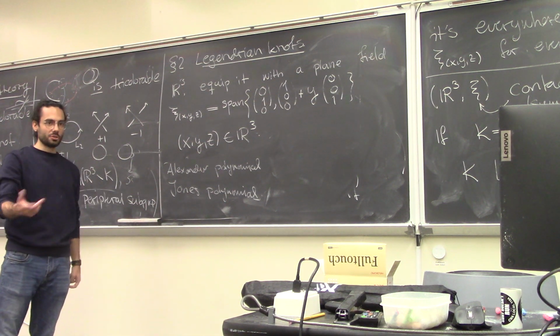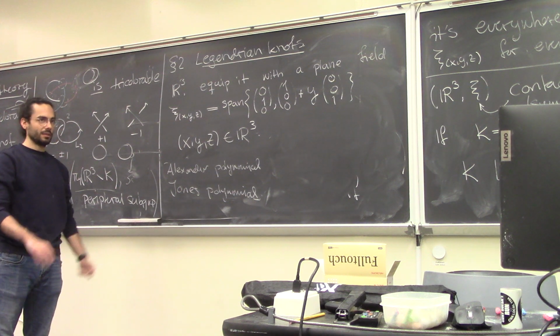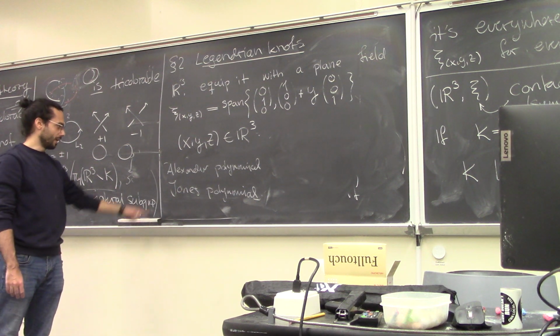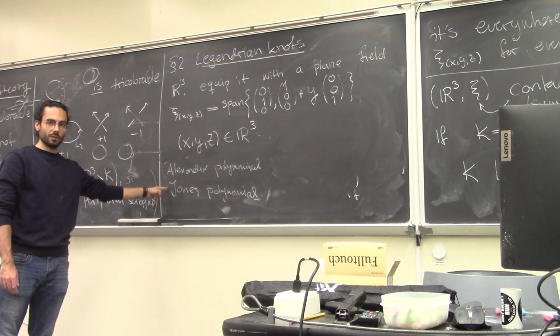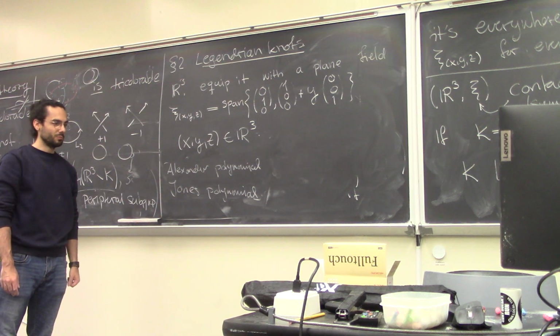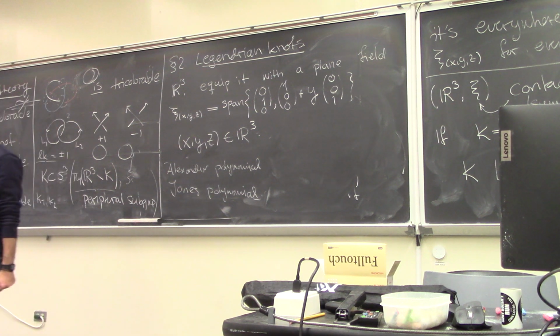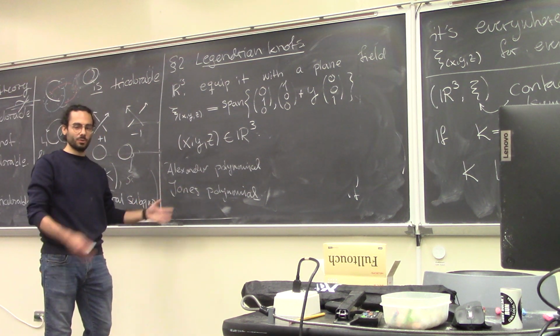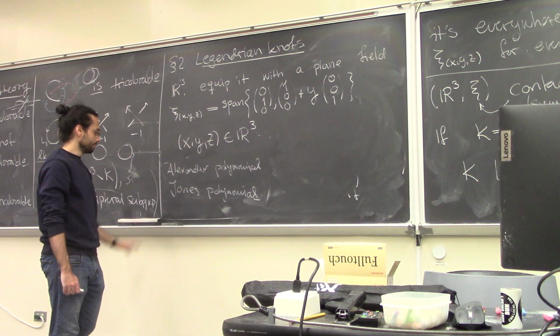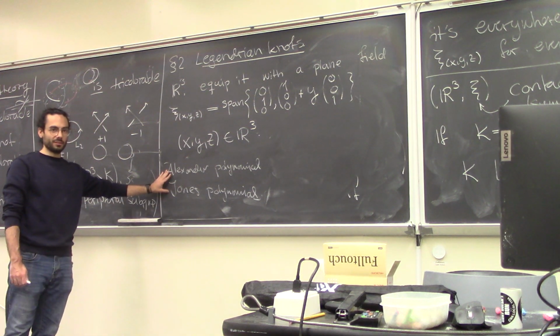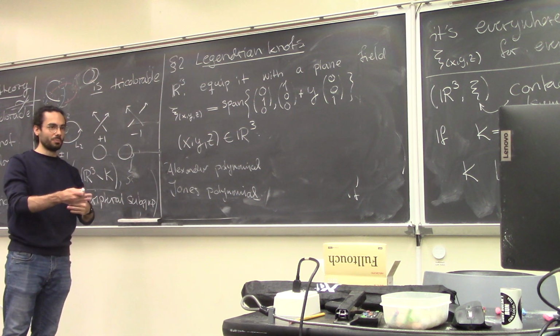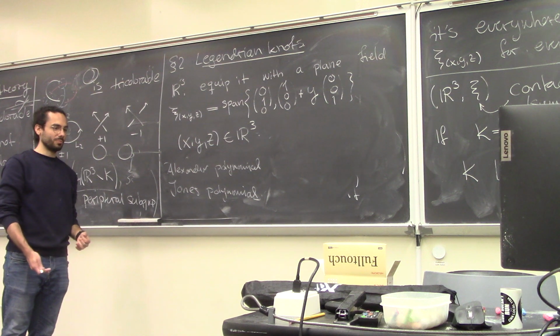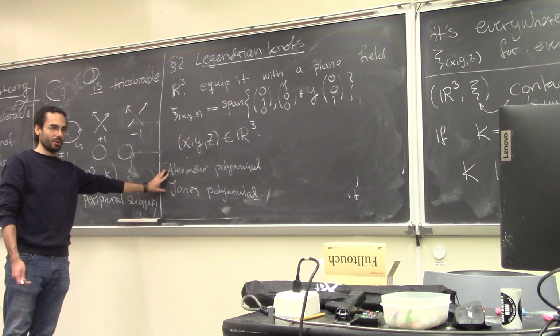It's something that I could teach you how to compute in 1 hour, and there are open problems about these things which people don't know how to solve and that are very difficult. But these are very good invariants and can distinguish a lot of knots. They're easy to define and compute and seem to know a lot about knots, and there are still unknown things about them.